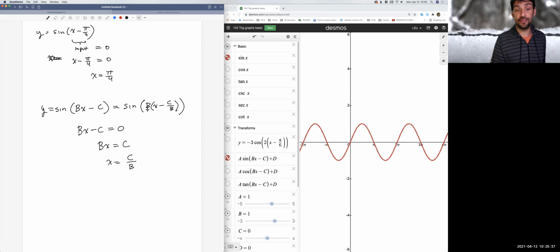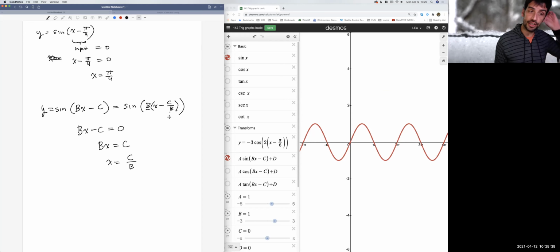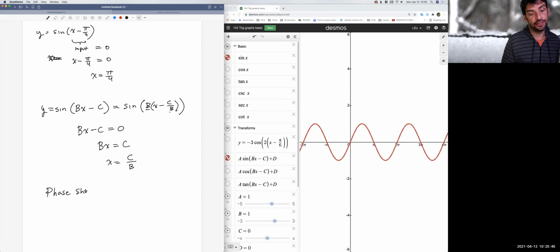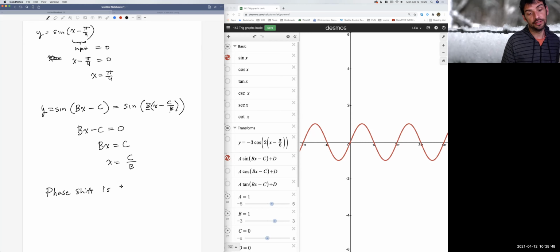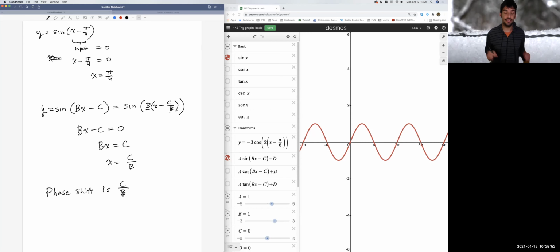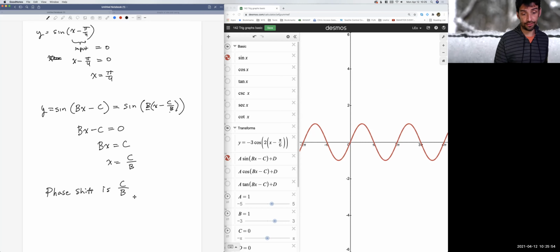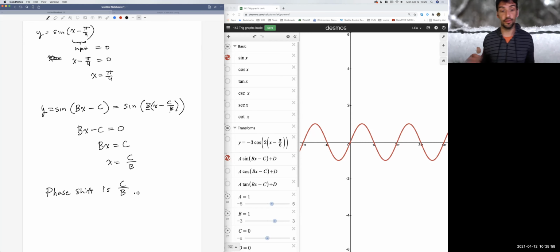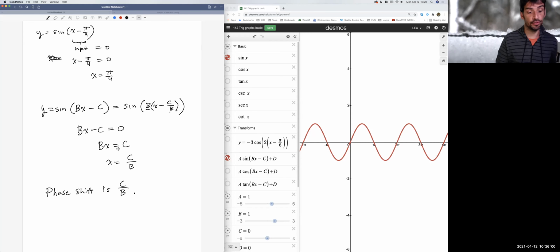If it's already been factored out, then the number sitting right here will be the phase shift. In either case, the phase shift is c over b, okay? This is how far to the right or left our graph moves. If this is positive, it's going to move right. If it's negative, it's going to move left.